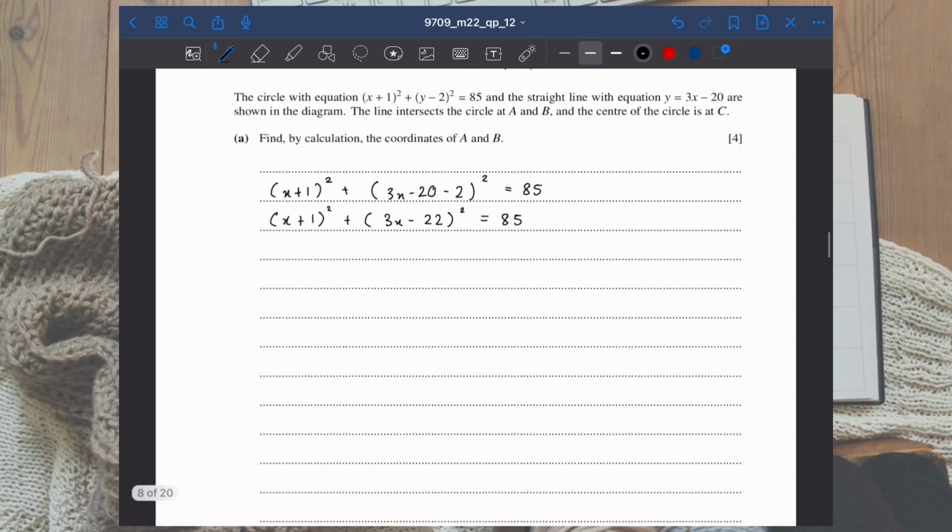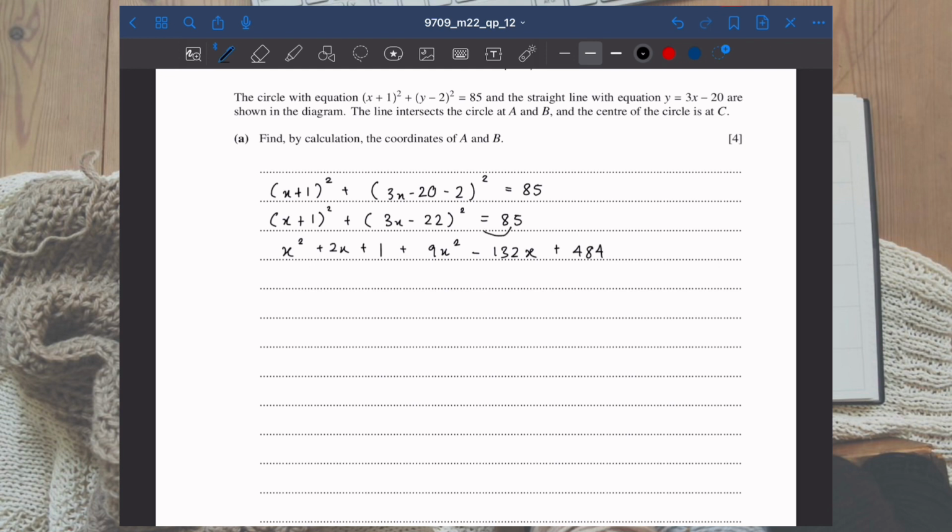So we can expand both brackets. We'll get x squared plus 2x plus 1 plus 9x squared minus 132x plus 22 squared, which is 484.